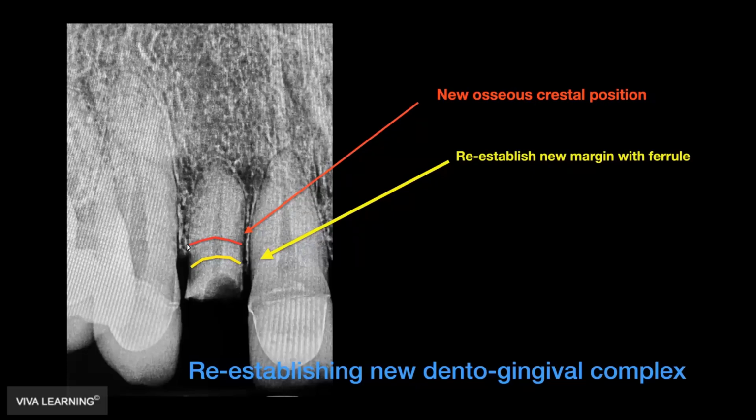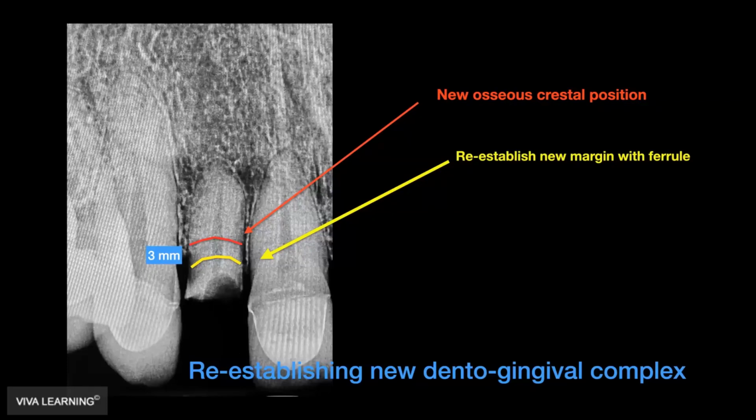And so that's not good, because then I would need to move this crestal bone down here and this crestal bone down here in order to have room for the reestablishment of the dental gingival complex, which is 3 millimeters. Okay, so keep that in mind. This is what we need to be looking at.